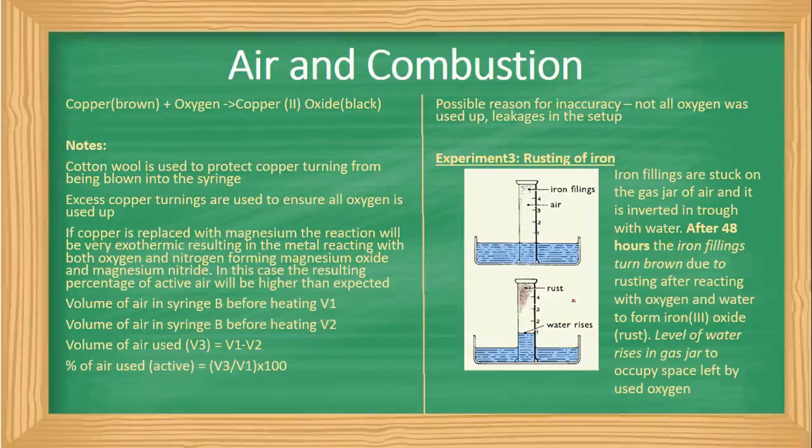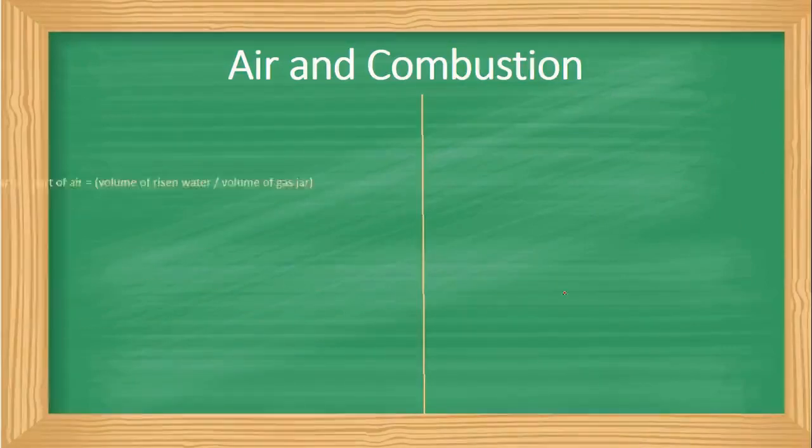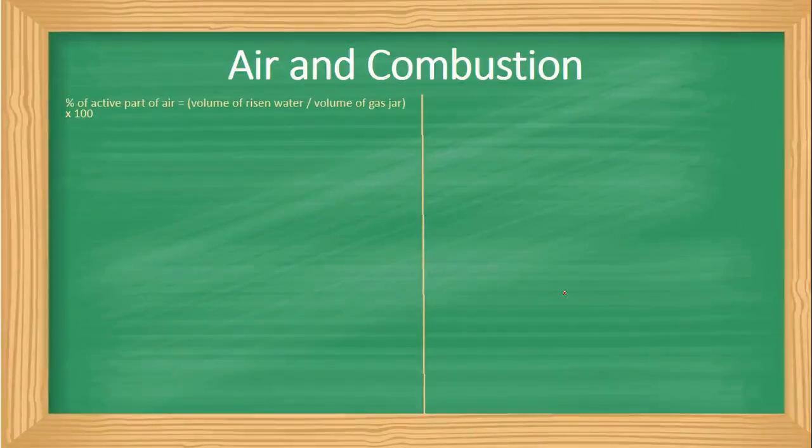So the level of water in the gas jar will also rise so that it can occupy the space that was being used by oxygen. In terms of calculating the percentage of active part of air from this experiment, you take the volume of risen water, divide by the volume of the entire gas jar, and multiply by 100.